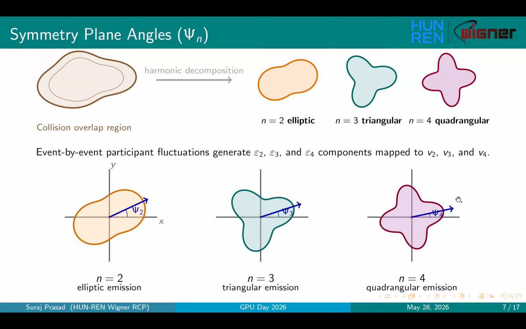If you look here, psi2 and psi3 seem independent, but psi4 can again be decomposed into a combination of psi2, and similarly, if you go to n equal to 5, we can have contributions from psi3 and psi2 and so on. So this gives us a scope to understand the final state symmetry planes in terms of their correlation.